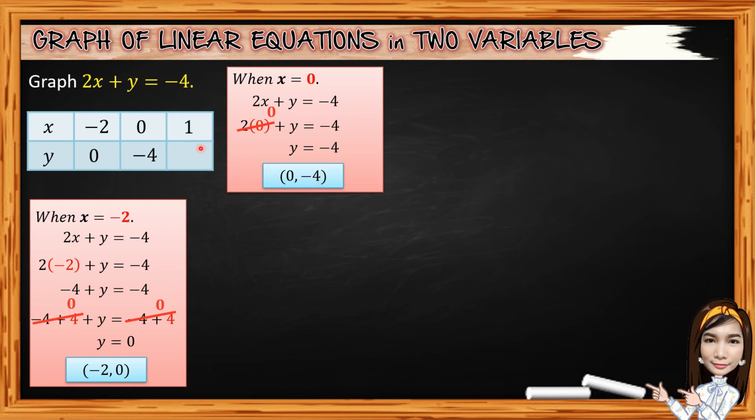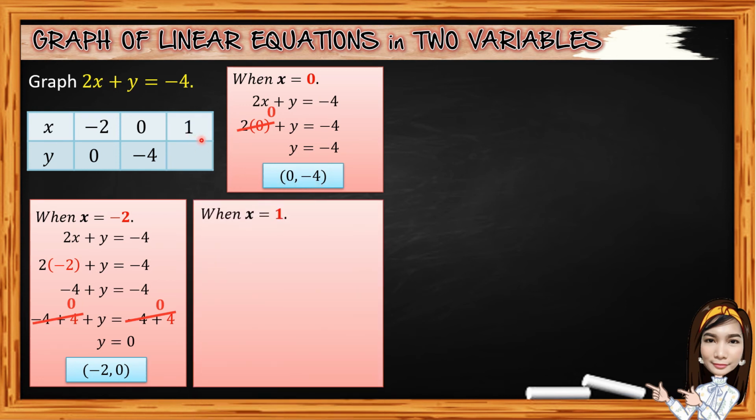Now let's have another value of x, which is 1. So when x is equal to 1, substitute it in the given equation 2x plus y equals -4. So we have 2 times the value of x, which is 1, plus y equals -4. Simplify, 2 times 1 is equal to 2, plus y equals -4. Then, add to both sides the additive inverse of +2, which is -2, so that we can eliminate 2: 2 plus -2 is equal to 0.